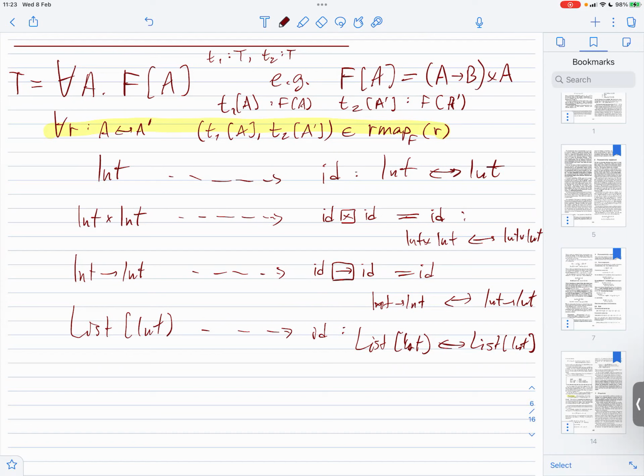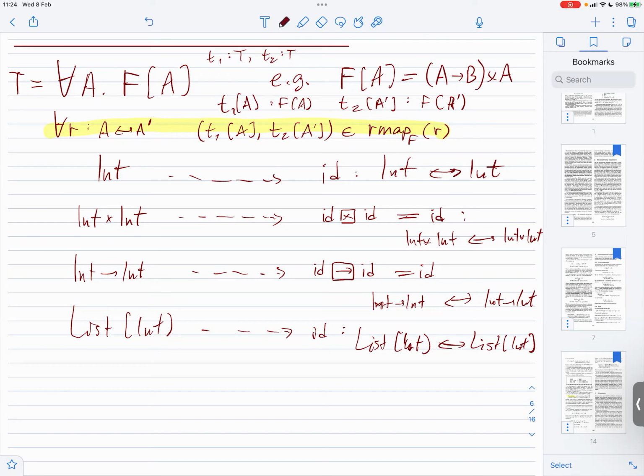You don't just read types as relations. So, for example, this type can be read in different ways as a relation, depending on whether this B is a fixed type or this B is a type parameter quantified outside, for which we have some arbitrary relation between, say, B and B prime.